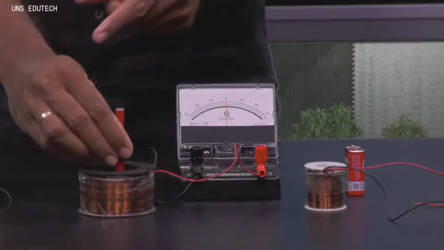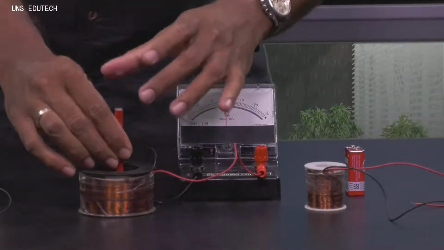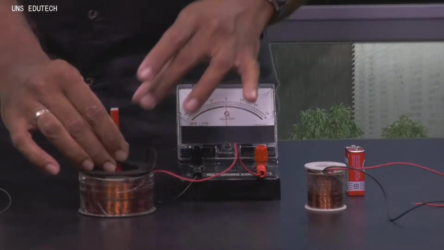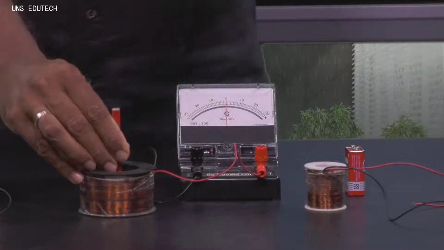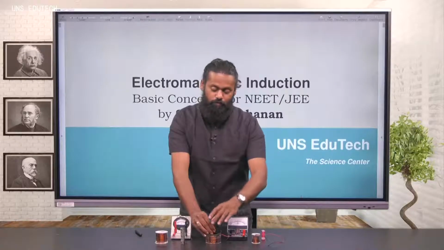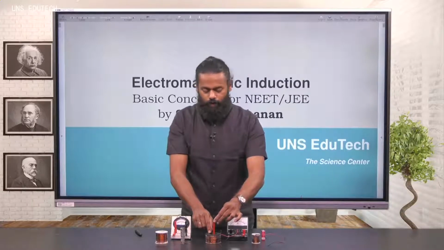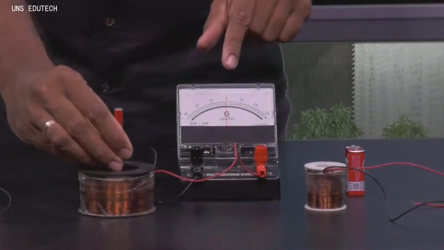So you can see that the magnetic field is in touch with the conductor, and there are electrons inside. These electrons are under the influence of the magnetic field generated by this bar magnet. Okay. Now all of you look at this galvanometer.